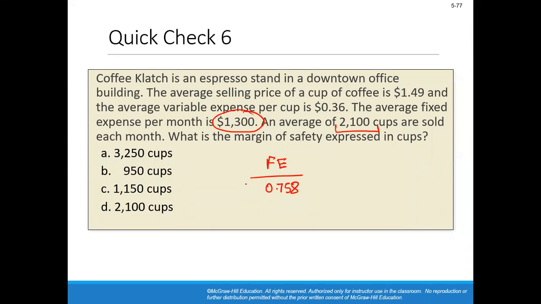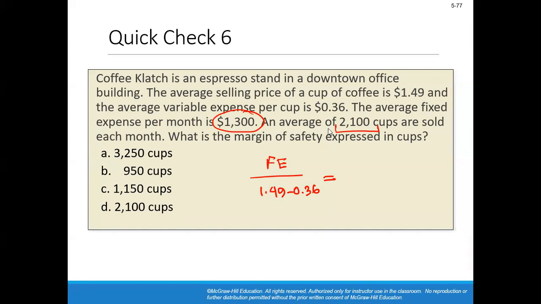And as it has been expressed in terms of cups, we need to find out the sales in terms of quantity. You can think of it as 1.49 minus 0.36, the contribution margin, and you get the break-even number of cups.